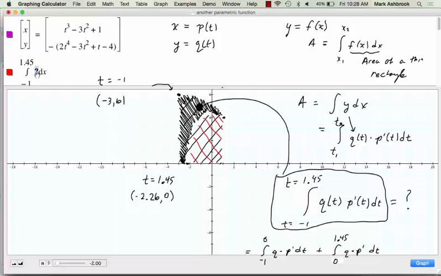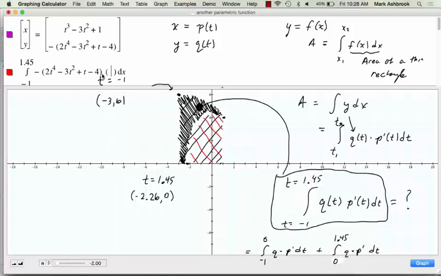Okay, so what is q of t? Negative. Let me just copy and paste here. Doesn't like it. There we go.